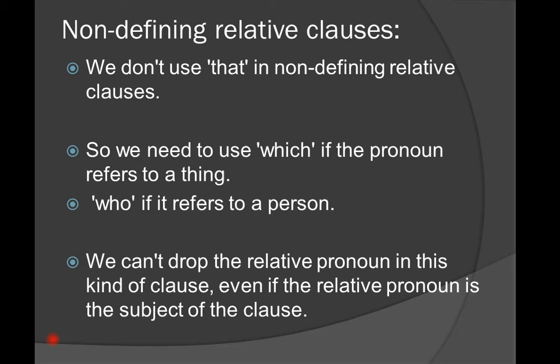Also, we add the non-defining relative clause after a comma, and we finish it with a comma. With defining relative clauses, we do not separate the clause with commas, but in non-defining relative clauses, we add commas, as we are going to notice in the following examples.